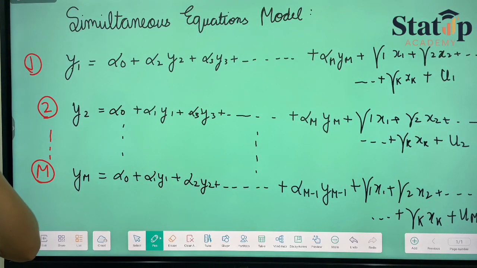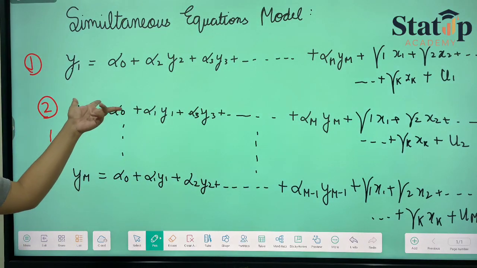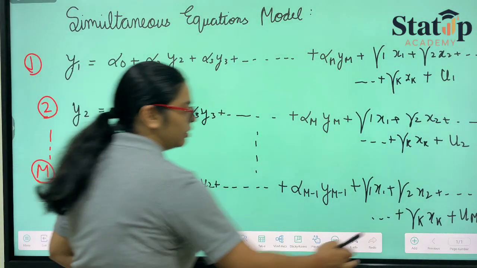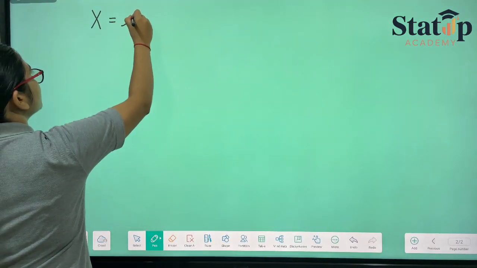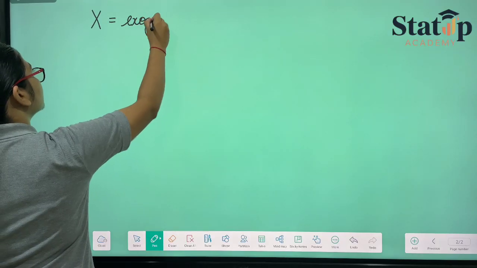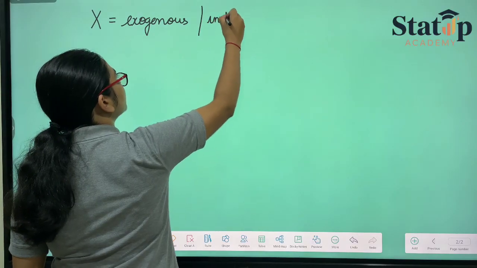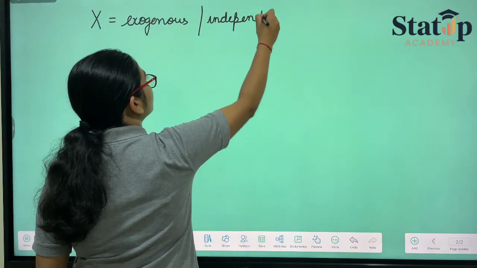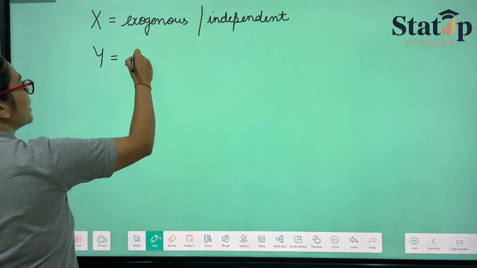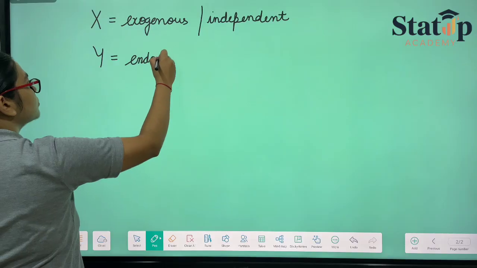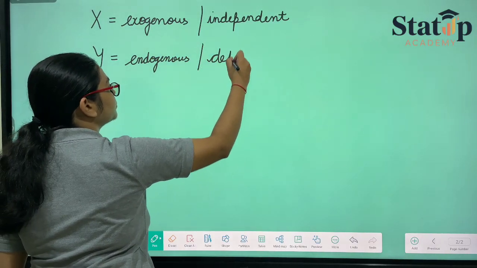So this is, as we have discussed in yesterday's class, an autoregressive distributed lag model because it has two variables y and x. So we know that x is the exogenous variable or independent variable, and y is the endogenous variable or dependent variable.